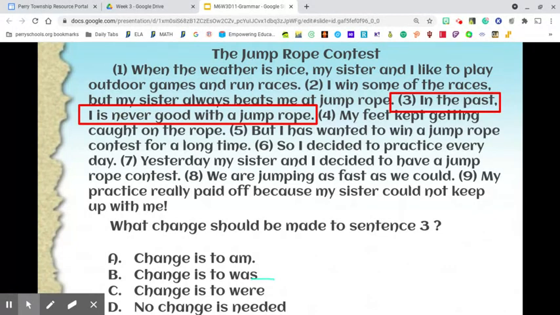You should have said, change is to was. In the past, I was never good with a jump rope. So in this sentence, we're talking about past tense, and we're talking about I, so we're going to use was. I was never good with a jump rope.